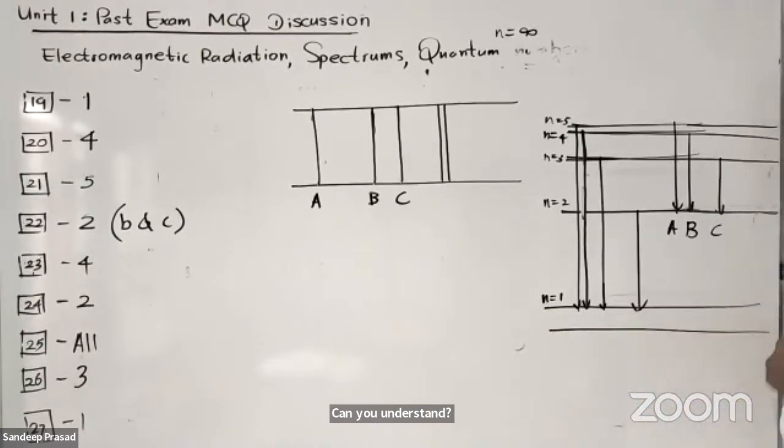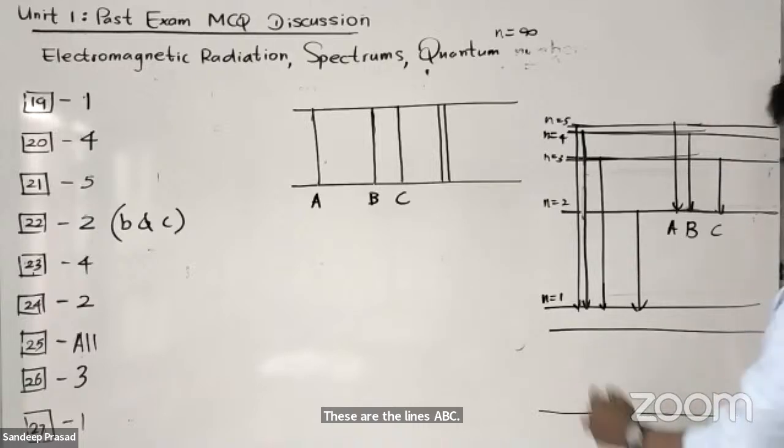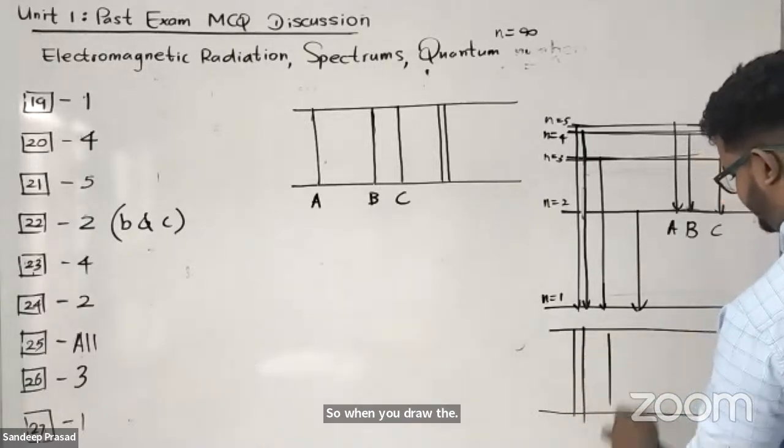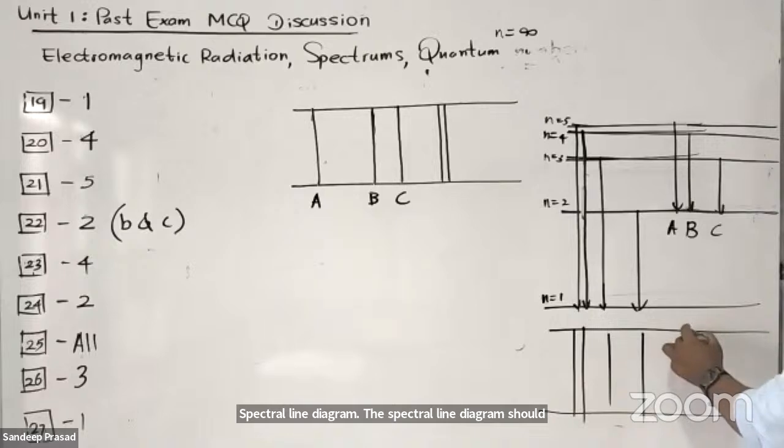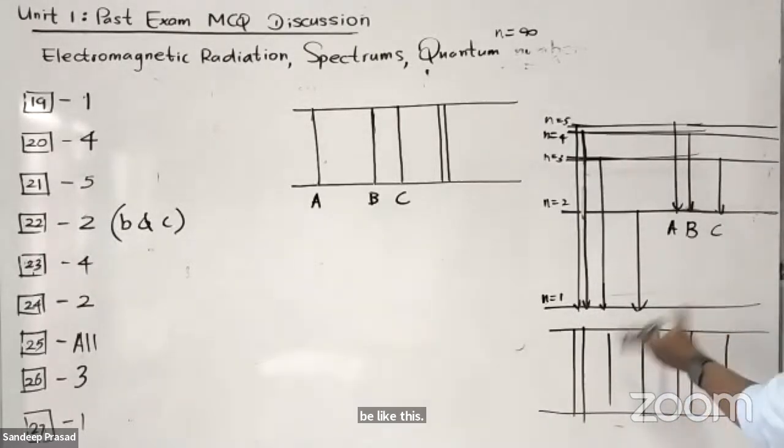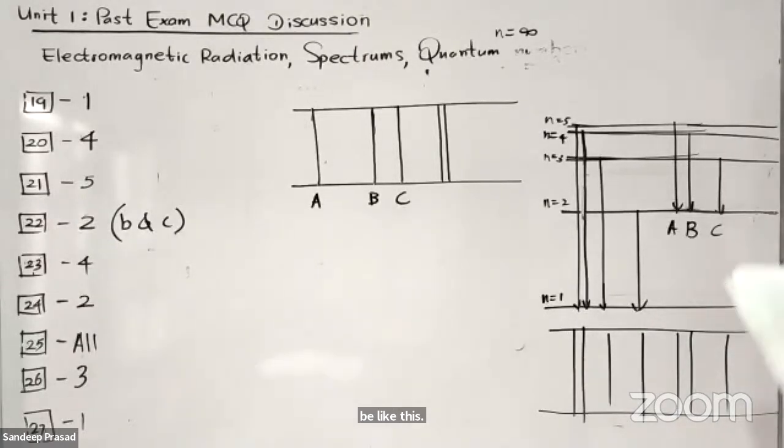So when you draw the spectral line diagram, it should be like this. Okay, then they have given the opposite direction. Lines are decreasing.